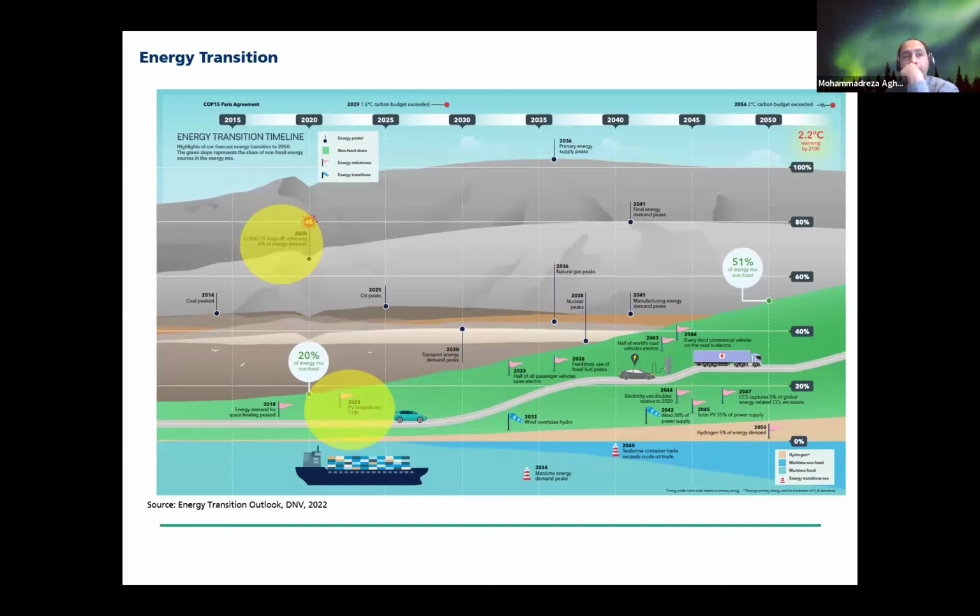In 2022, for the first time, PV installation reached 1 terawatt. By 2034, maritime energy demand is expected to peak. And by 2043, at least half of the world's vehicles will be electric. So those are the statistics for the future.